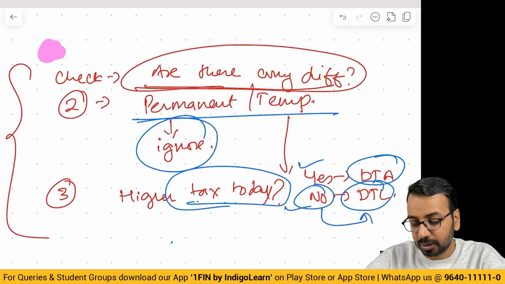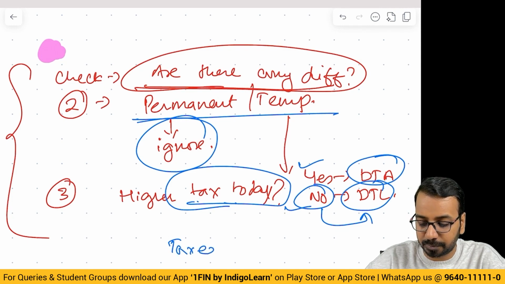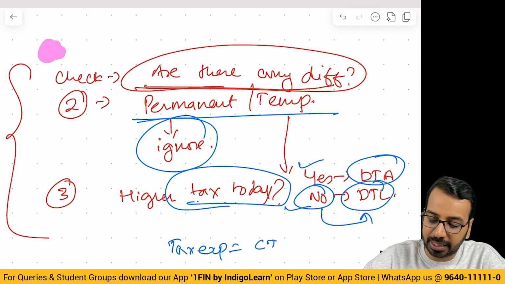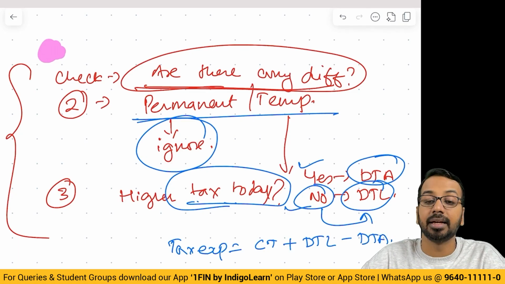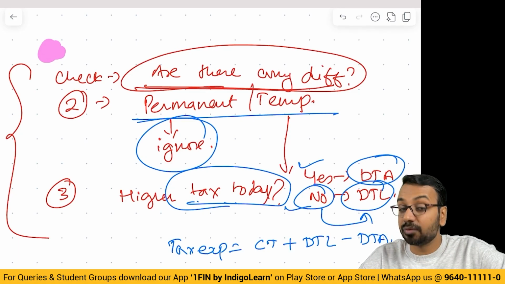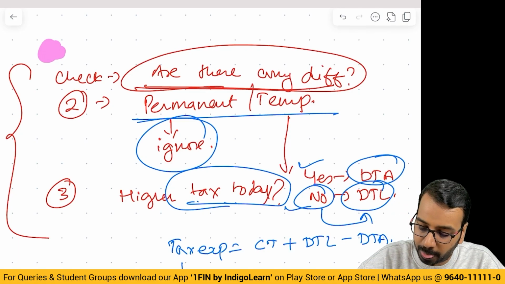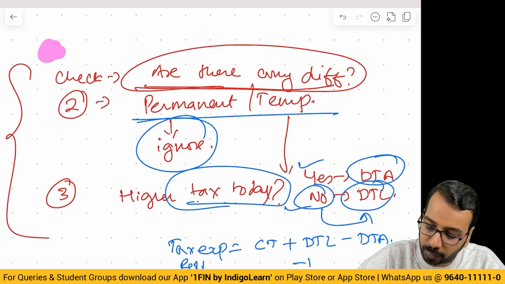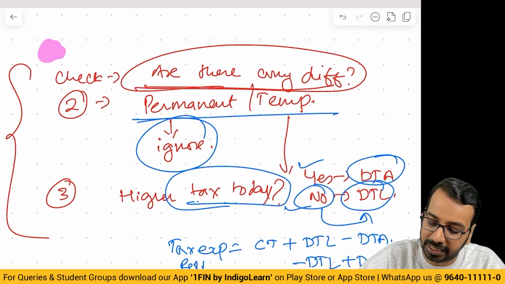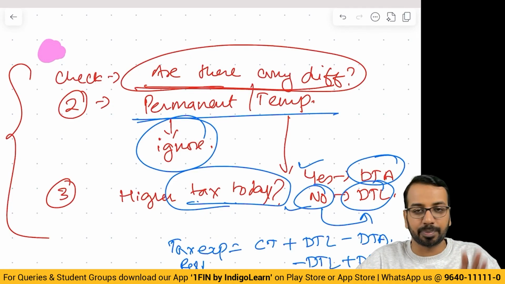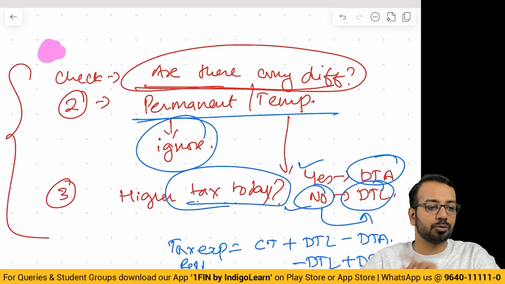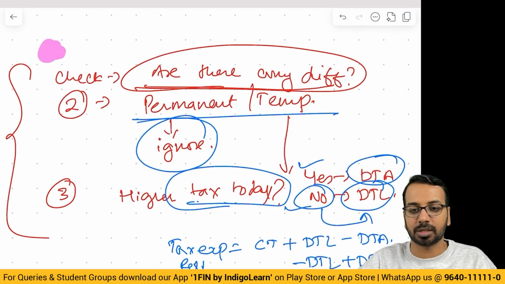So when you calculate tax expense, you will say current tax plus DTL minus DTA. So what if we are reversing DTL? When there is a reversal, you will do minus DTL plus DTA, which is the reverse. Logically, if you think and practice 2-3 questions, you will be perfect in this concept.